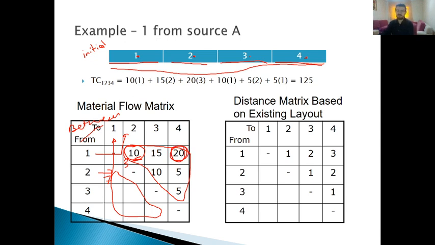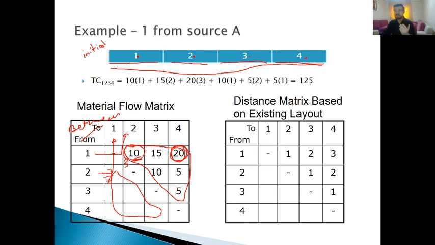Okay, so at the end, I would like to see a layout in which departments 1 and 4 are very close, adjacent to each other, okay. In the initial layout, however, 1 and 4 are not adjacent to each other. So you can easily see that there will be an improvement when I switch the locations of 1 and 4.